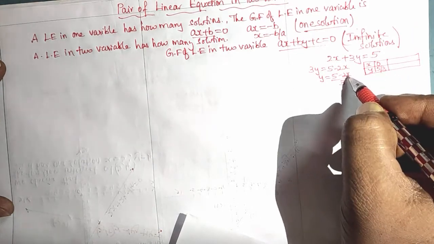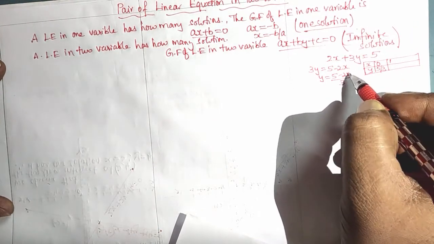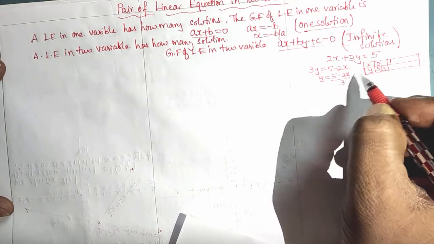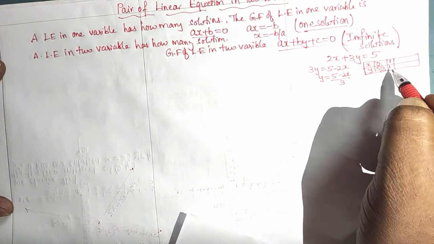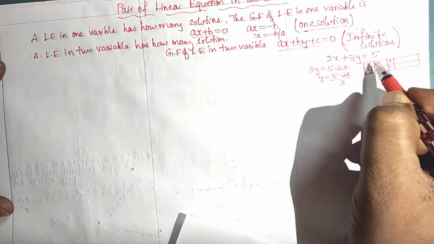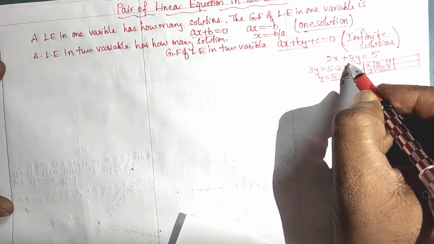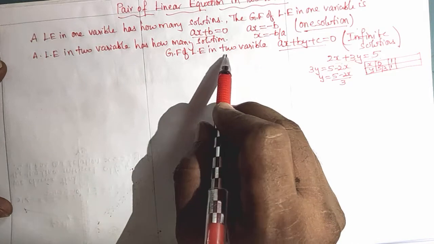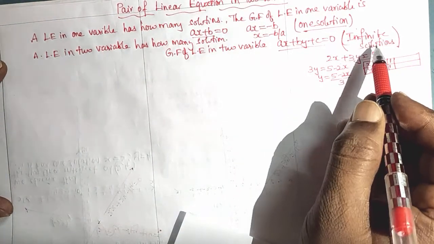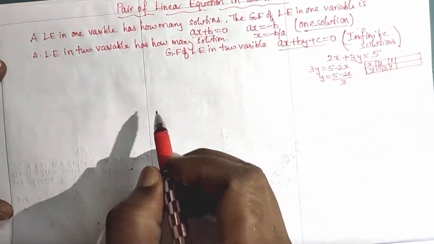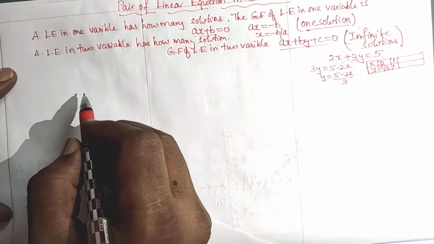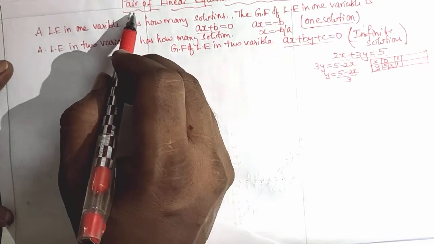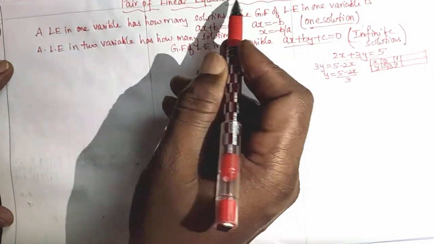If I put x is equal to 1, 5 minus 2 is 3, by 3 is 1. Like this, all these values satisfy this equation. Therefore, a two variable linear equation will have infinite solutions.